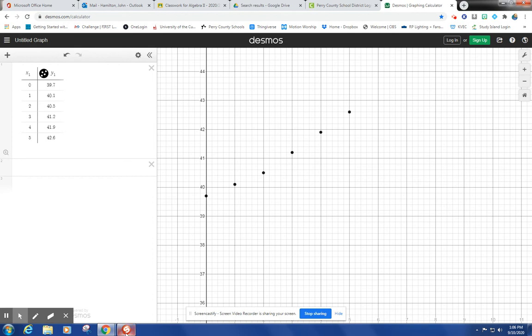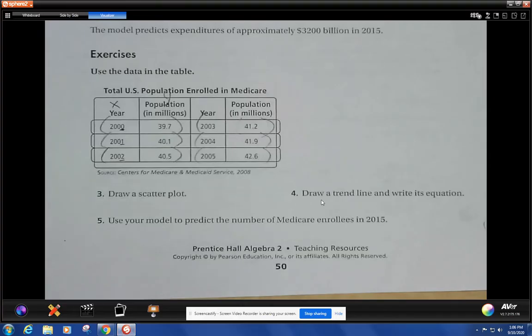And so it brings me to my second part here. The second part says draw a trend line and write its equation. Now I could just arbitrarily draw a line like that across my screen. But this is the more difficult part. How am I going to write an equation? And let's think about what an equation really has.